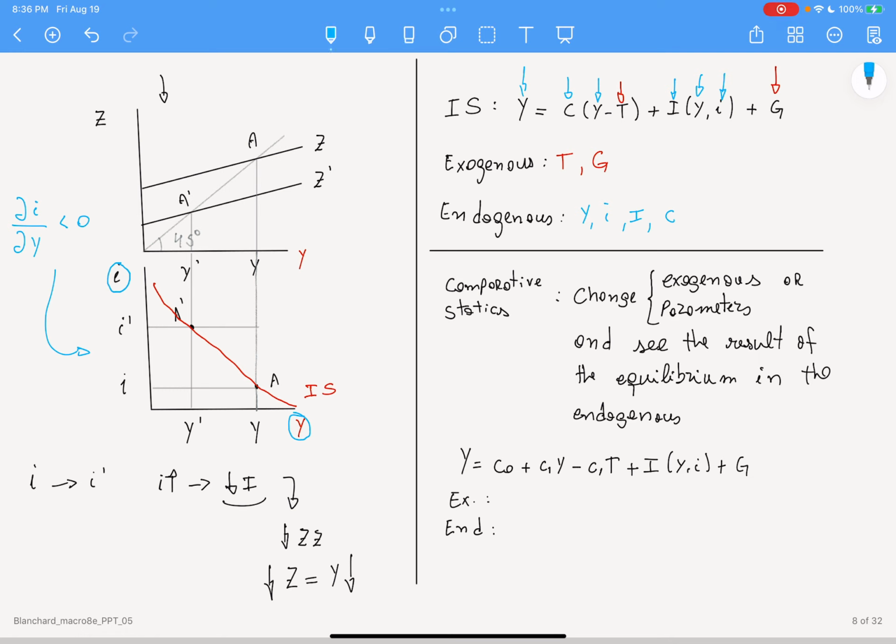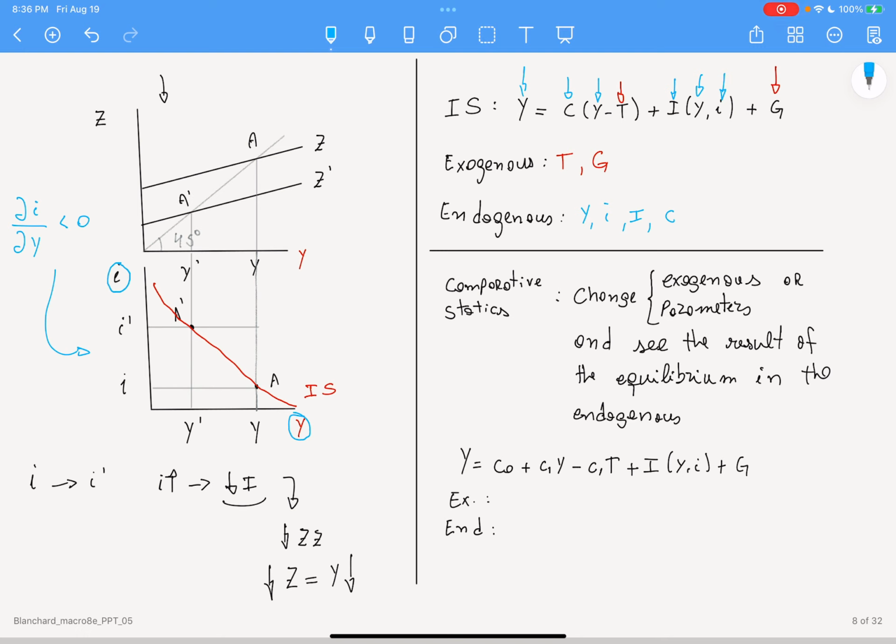In our model, we have the IS curve, which is Y equals consumption, which is a function of disposable income, which is income minus the taxes, plus the investment, which is a function of the output and a function of the interest rate.